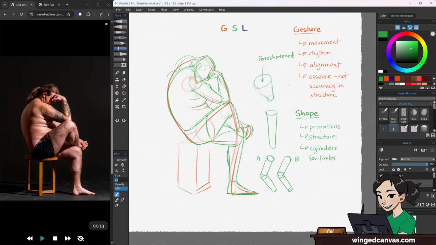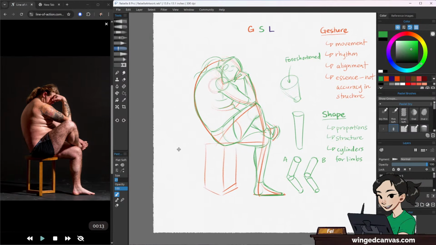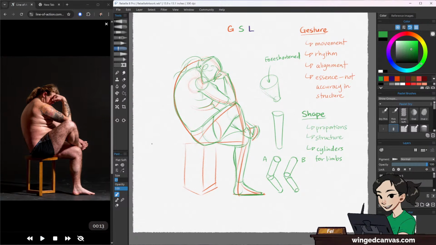So those of you guys who are wondering, where is the rib cage, right? Faye didn't draw the rib cage, and it's true. I didn't draw the rib cage here because I don't think it's necessary. I can draw the rib cage if I wanted to draw this pose: there's the rib cage, the hips are doing this, and then the arm is doing this, and the leg is attached this way.